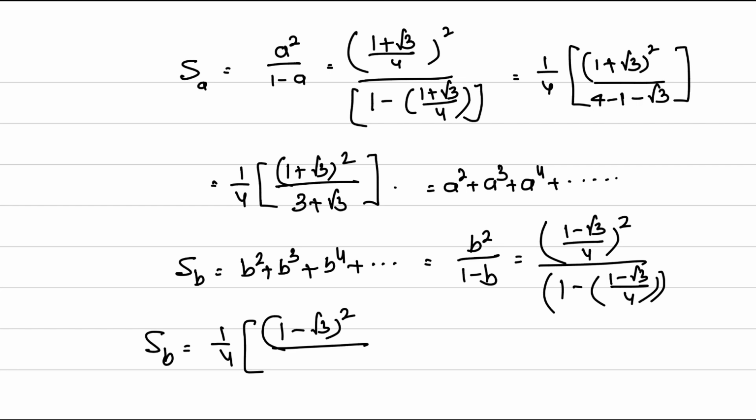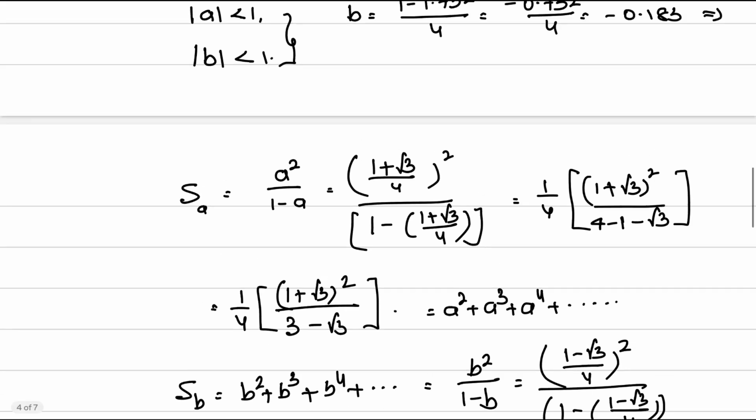Here also it is 3 minus root 3. Here it will be 4 minus 1 plus root 3, that is 3 plus root 3. This is the value of the sum of the B's.